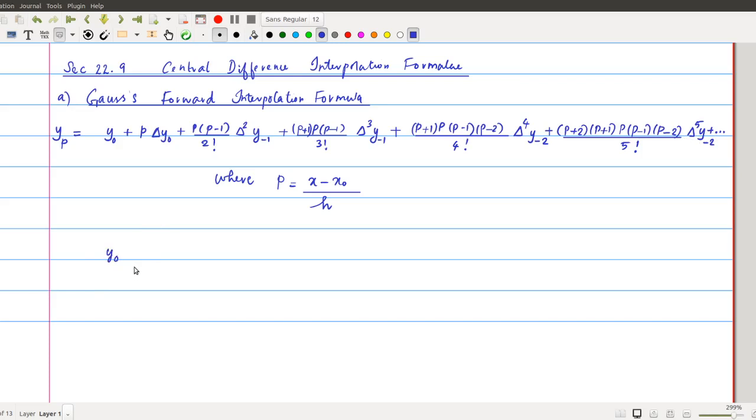I write this y naught and this delta y naught, and we write all the differences of y minus 1 with all orders.